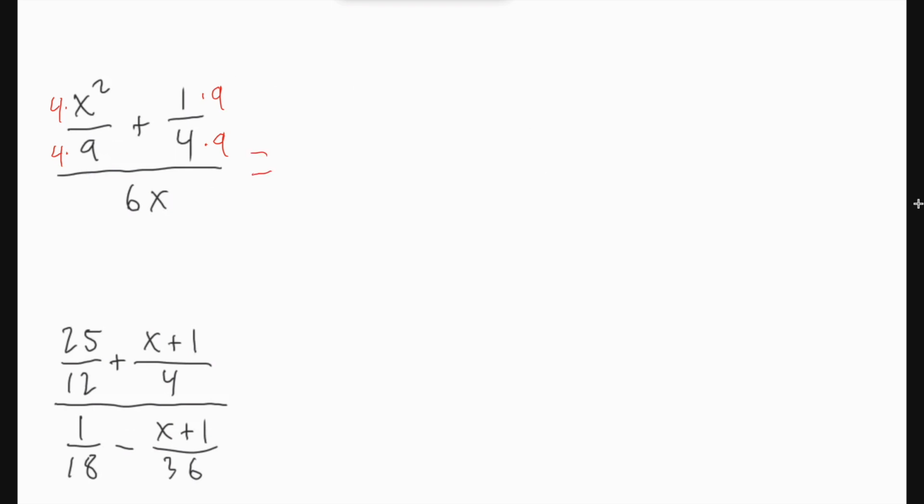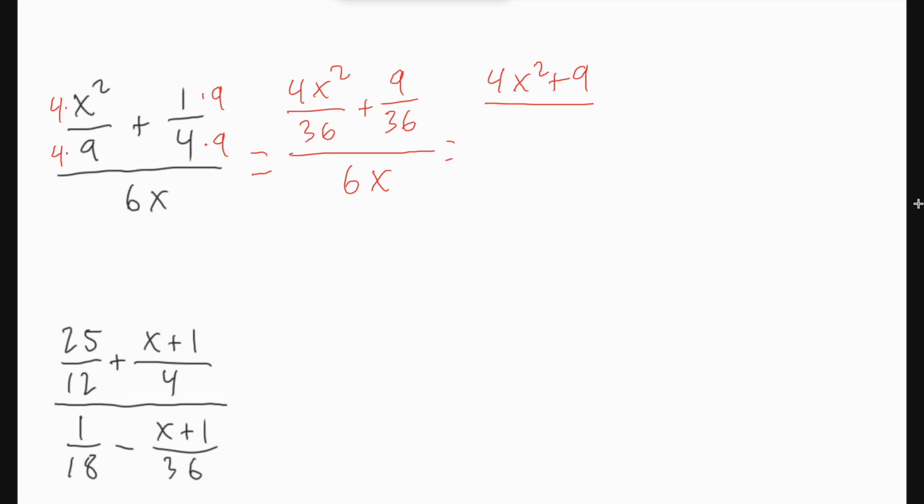So now that's going to be 4x squared over 36 plus 9 over 36, over 6x. And so now we can combine those as best we can. And so now that's going to be 4x squared plus 9 over 36 over 6x.